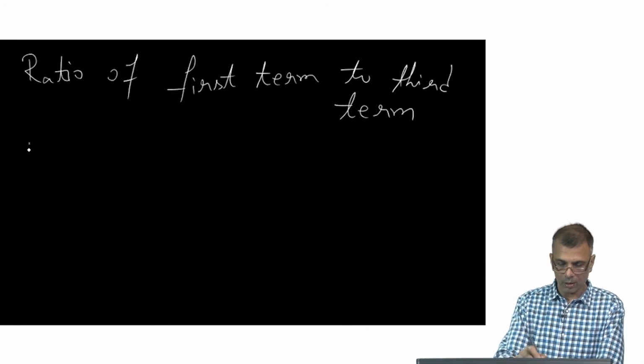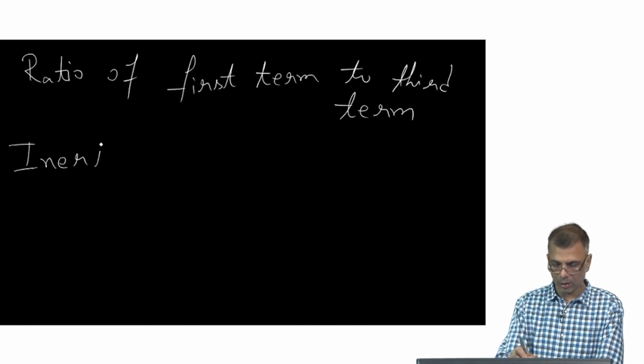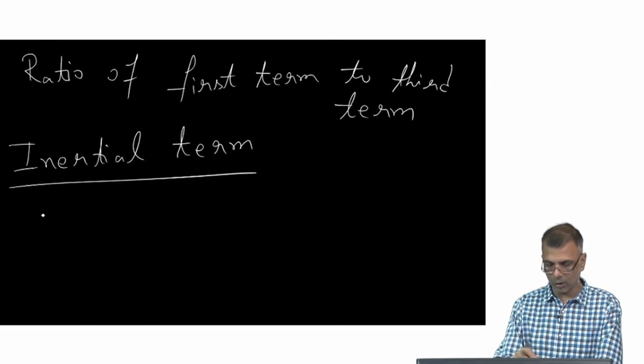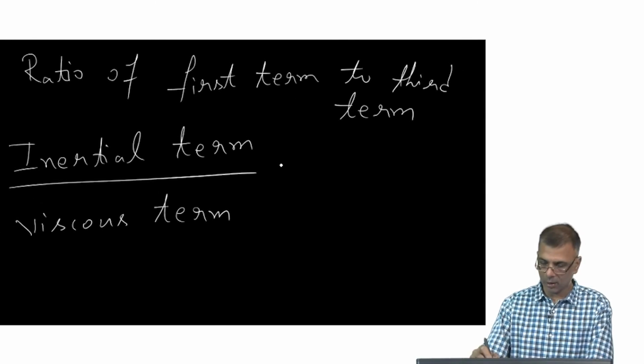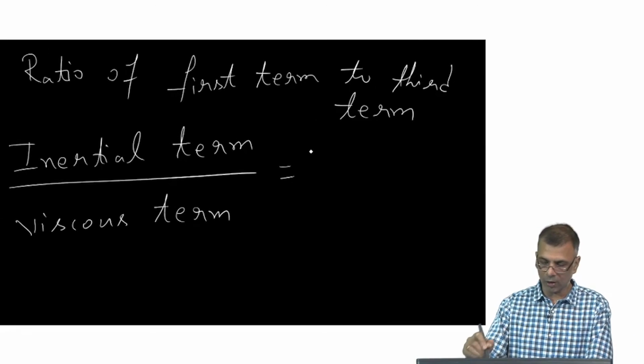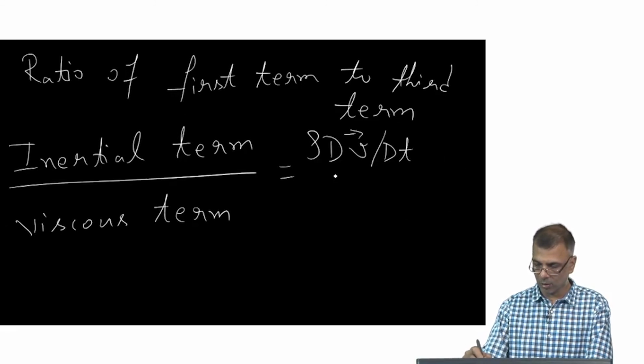In other words, the inertial term over the viscous term, which is essentially the rho dV/dt over rho nu.